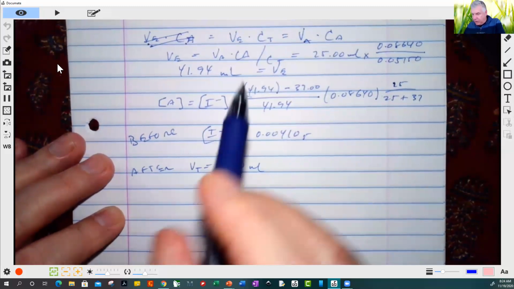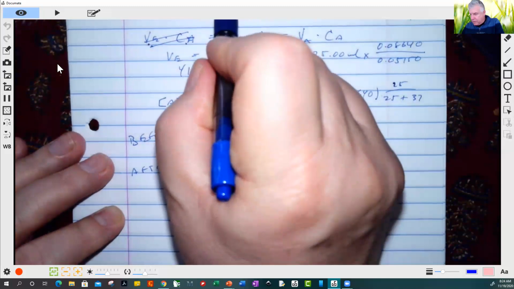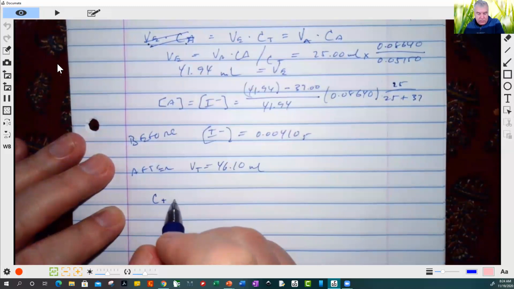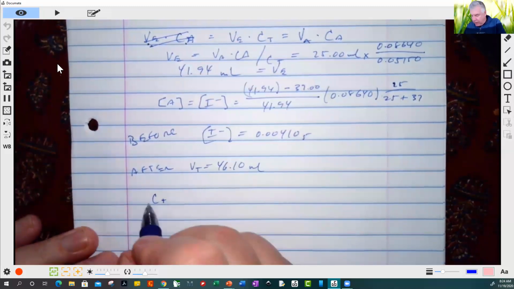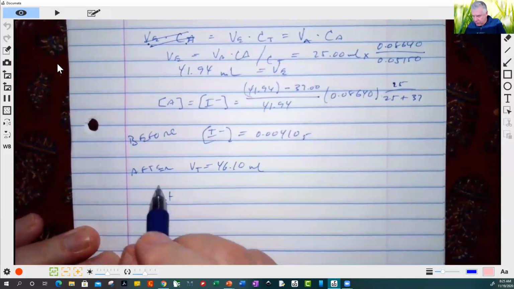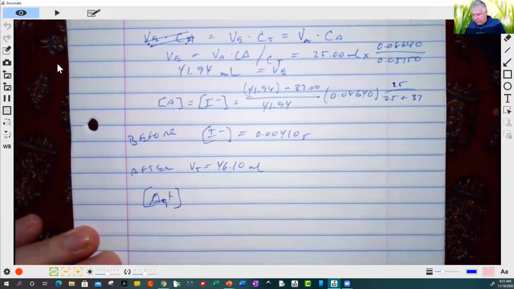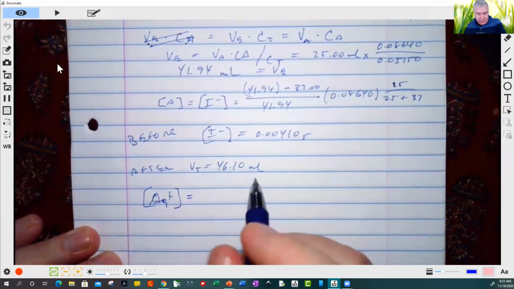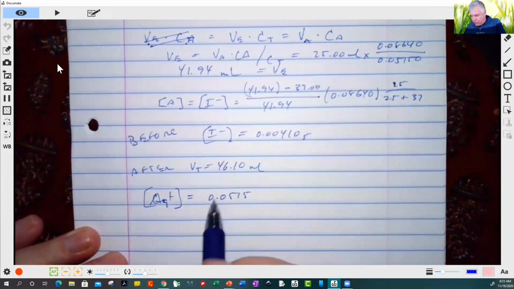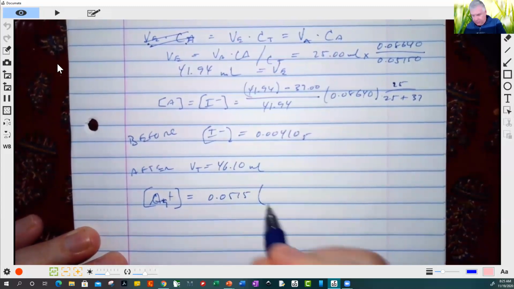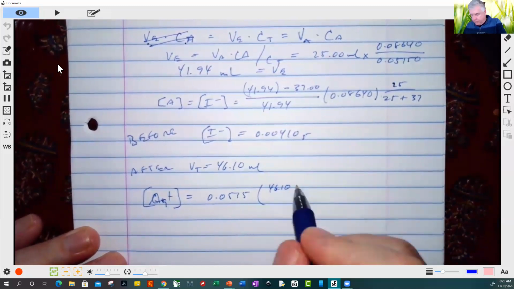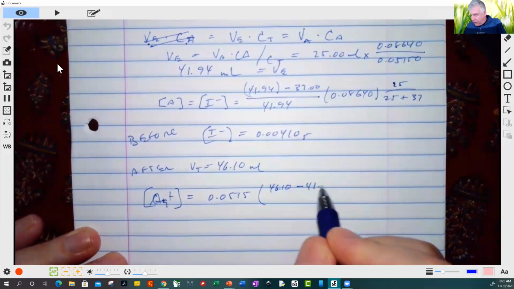Now we're going to calculate the titrant concentration. So CT, well, it's actually not called CT. This is called Ag plus, because CT is the original titrant concentration, so we need a different symbol. That's going to be 0.0515, that's the original, times 46.10 minus 41.94.